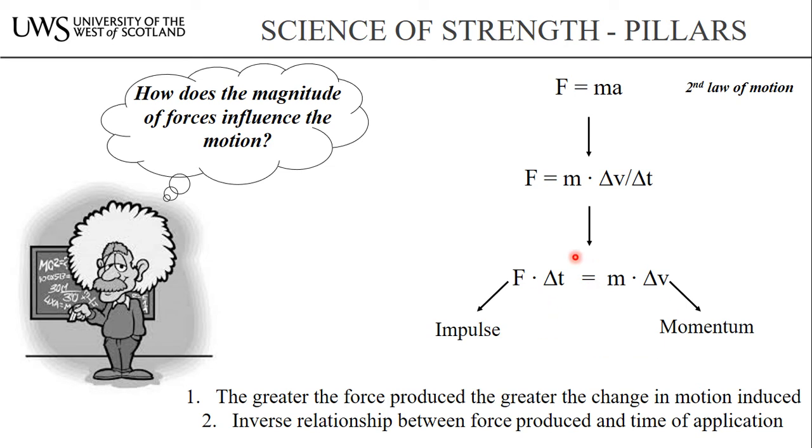So let's consider first the left side of the equation, where F, which again means force, is multiplied by delta T, which is the amount of time during which the force is applied. In physics, mechanics, and biomechanics, the combination of force and time is called impulse.